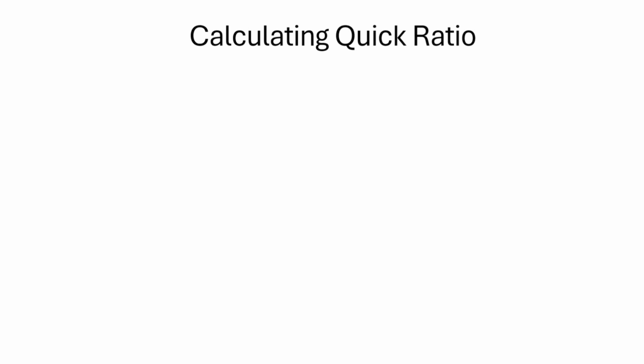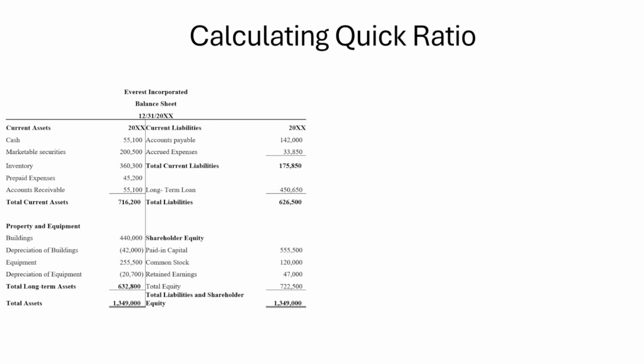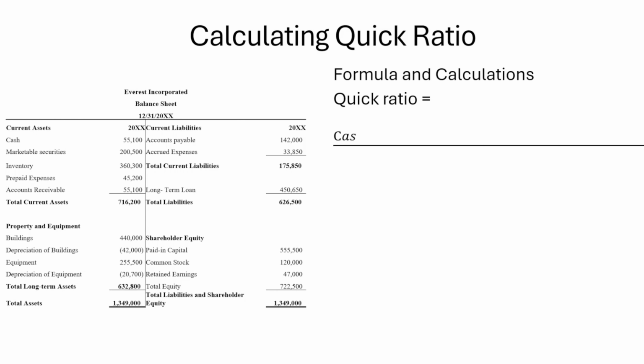Now let us see how we can calculate the quick ratio, and we are going to use the same balance sheet for Everest Incorporated. We have the debit side and the credit side, as you can see over there. As we saw, the quick ratio uses the formula cash plus marketable securities plus accounts receivable, then we divide that by current liabilities.